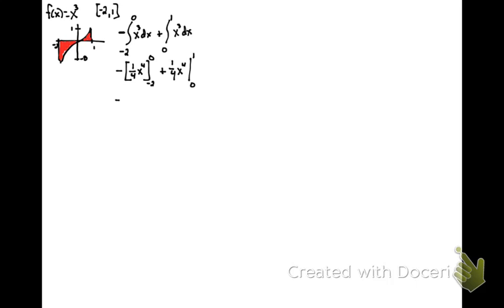Continuing on, this will be 0 minus 4, plus 1/4 minus 0. 0 minus 4 is -4.